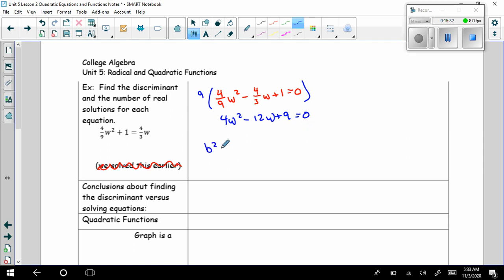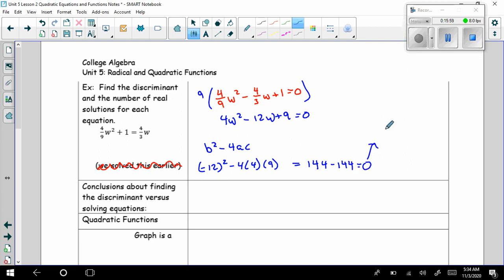So all I want to look at right now is b squared minus 4ac. All right, so I have negative 12 squared minus 4 times 4 times 9, which is then 144 minus 144, which is 0.